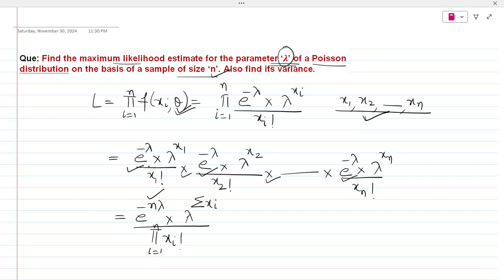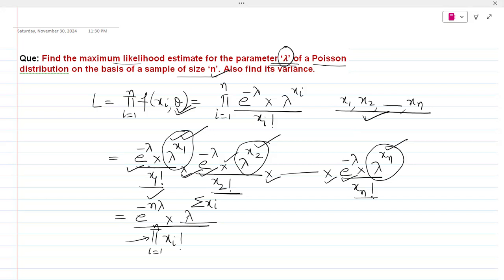Then lambda to the power x1 into lambda to the power x2 into so on, lambda to the power xn, means lambda to the power x1 plus x2 plus up to xn. Now x1 factorial into x2 factorial into x3 factorial, so on to xn factorial, so that's why it will be the product of xi factorial.